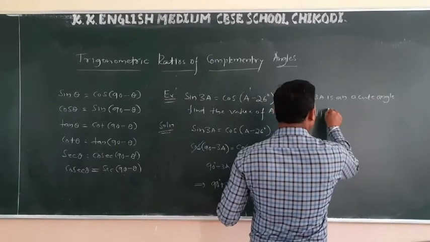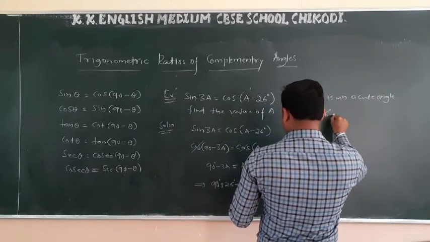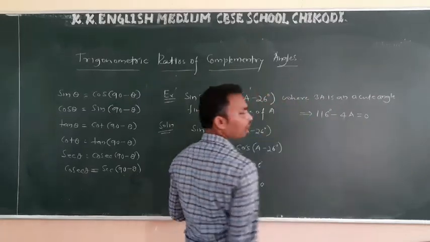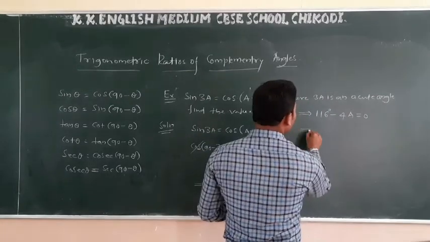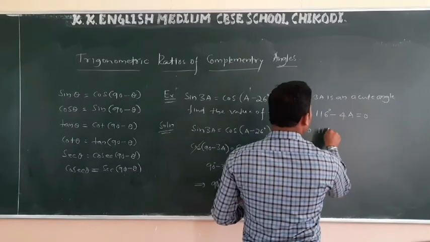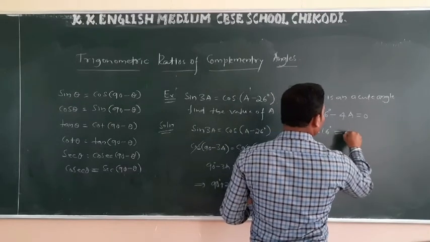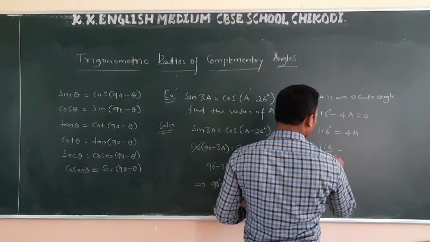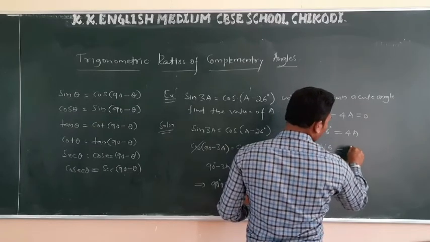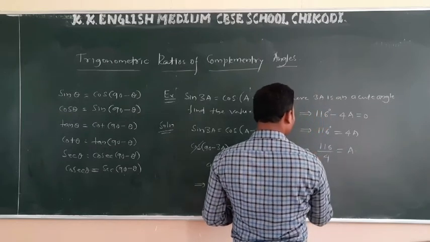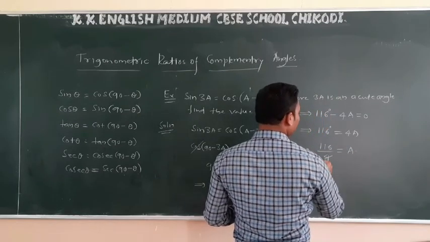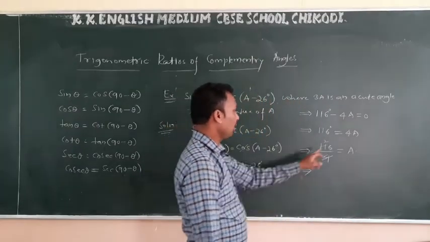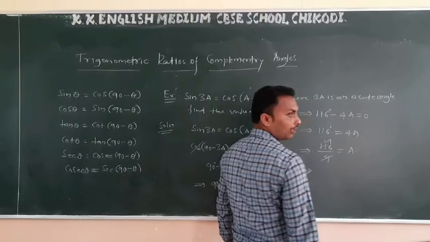Now 116 degree minus 4 into A is equal to 0, but what we need here is A. So 116 degree is equal to 4 into A, now it is 116 divided by 4, this equals A. Now 4 ones are 4, 4 twos are 8, so remaining is again 29.